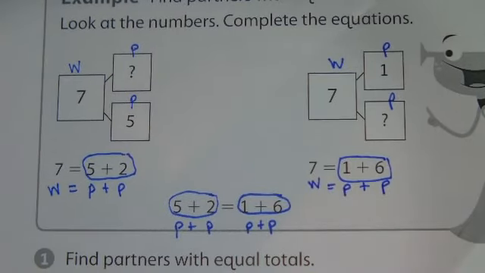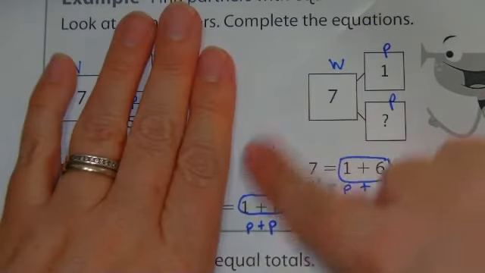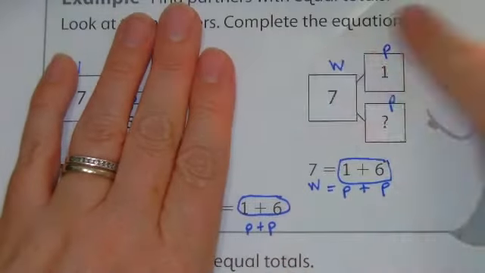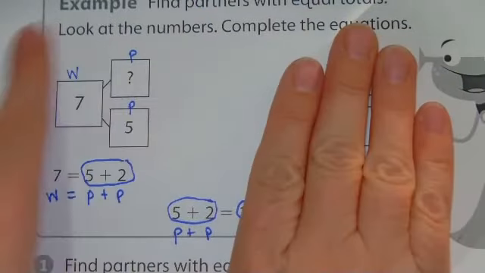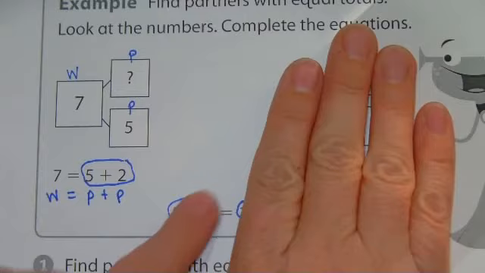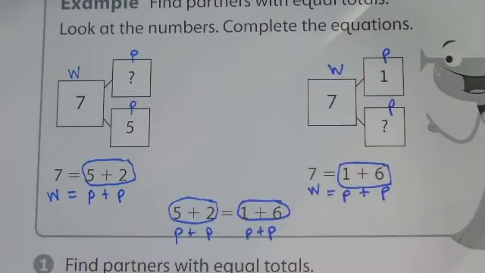And what you need to look at is how all of this here goes together, and all of this goes together. We know we can count on from the part we know up to the whole, right?